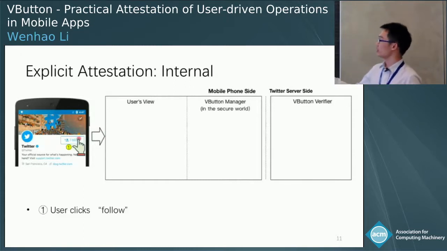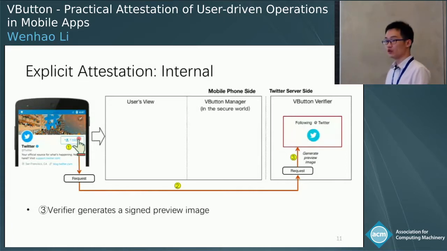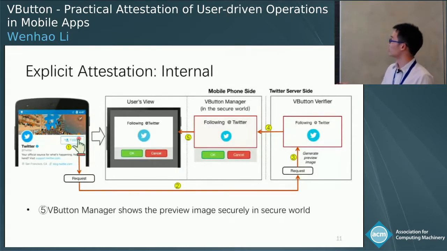When the user clicks the follow button, VButton will send the initial request to the remote server, and the remote server will generate a signed preview image. This preview image contains the necessary information that the user needs to understand for this operation. For example, it generates a preview saying that you are going to follow this Twitter account. And this image will then be sent back securely to the VButton manager in the client side and securely displayed to the user.